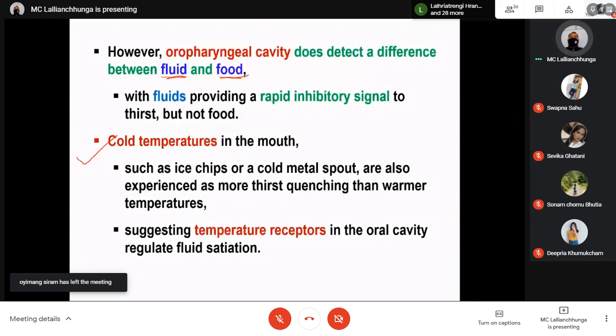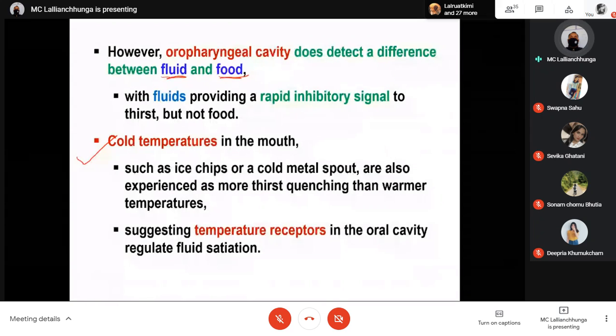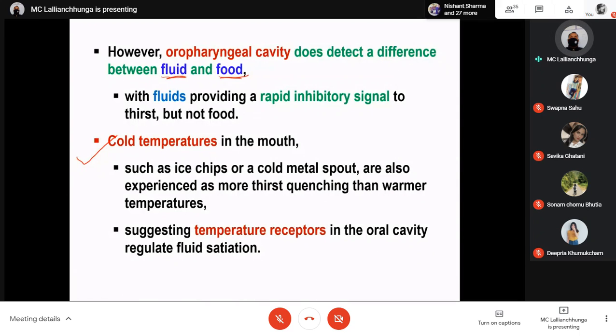But if you take cold water, it will quickly suppress the thirst. This we all know very well. So these temperature receptors in the oral cavity are also important in satiating thirst, compared with warm water.